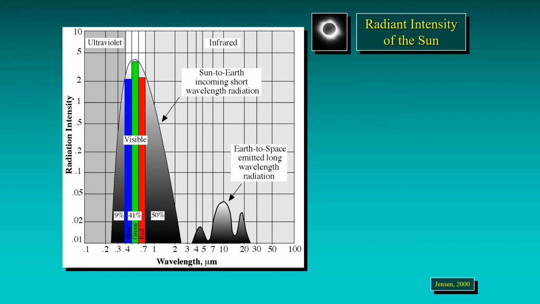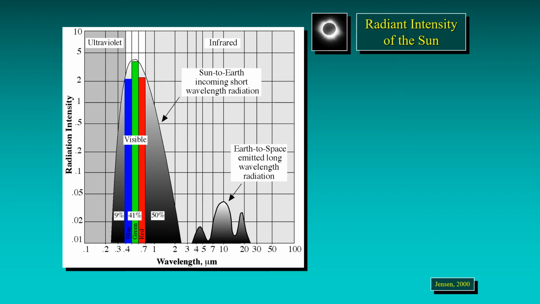The other 59% of the energy is going to be in wavelengths shorter than blue light, so shorter than 0.4 micrometers, and longer than red light, so greater than 0.7 micrometers. Basically, portions of the EM spectrum outside of the visible. Our eyes, as the term implies, are sensitive to the visible portion of the electromagnetic spectrum. Again, that goes from about 0.4 to 0.7 micrometers.